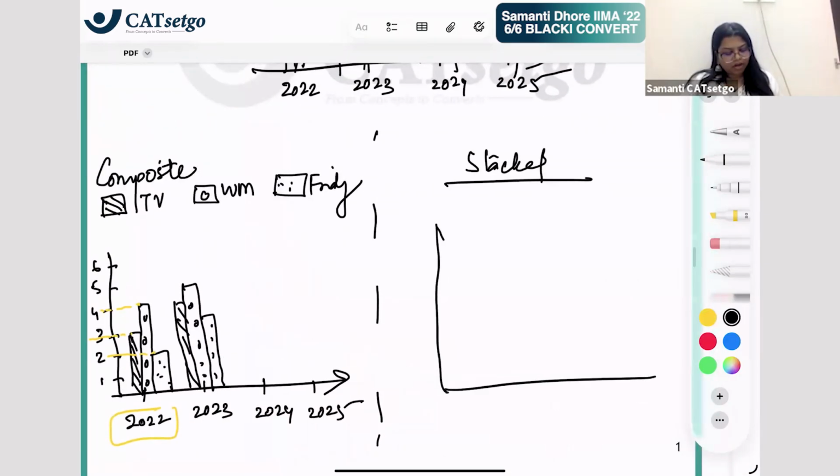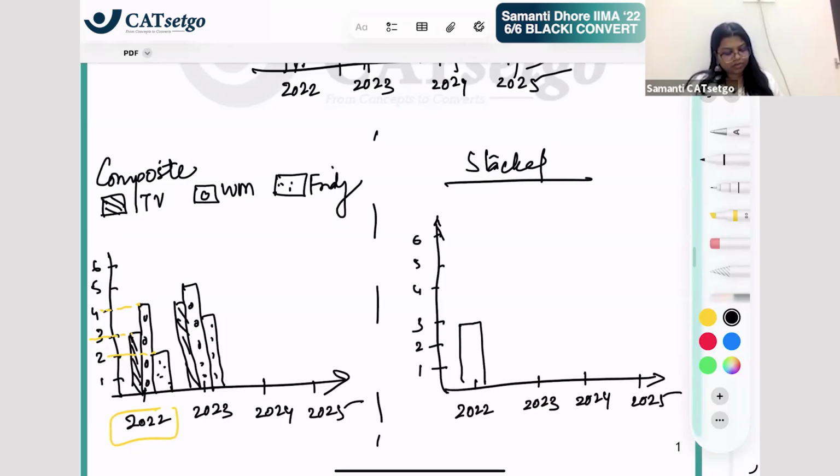Stacked is something like this, wherein you will have years. Okay? And here there is stacking. Like let's say TV was sold 3 units, and then you have 4 units on top of it, and then 2 units more. Right? This is how the stacking will be.